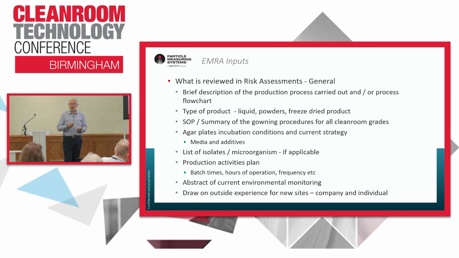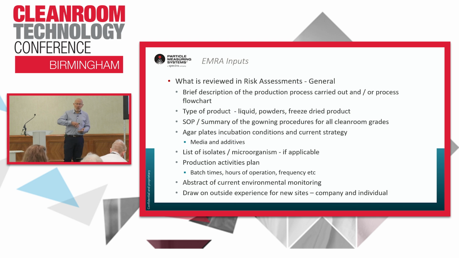What are the clean room grades? How are we gowning to go into those clean rooms? We look at what the current agar plate incubation conditions are, the strategies for the microbiological sampling. What media? Do we use any additives on the media? What isolates or microorganisms have been seen, are present, are expected.